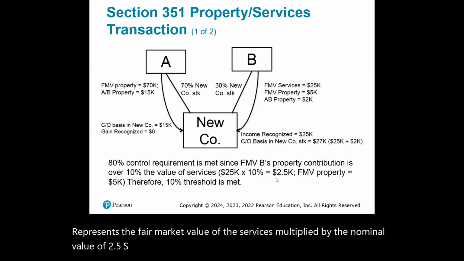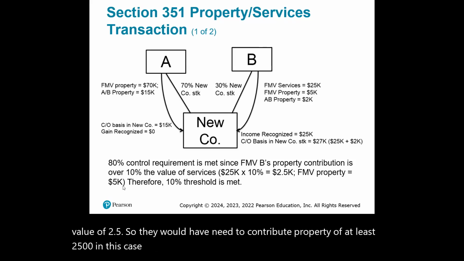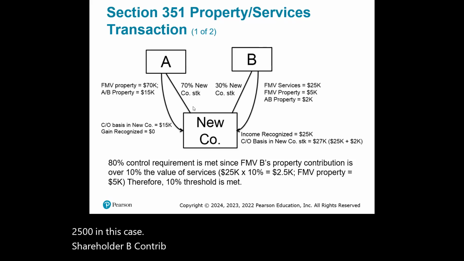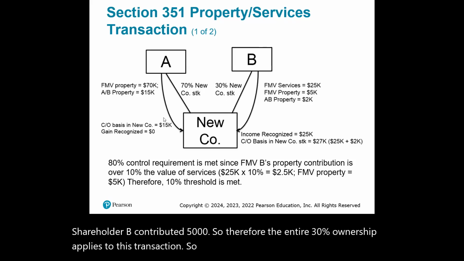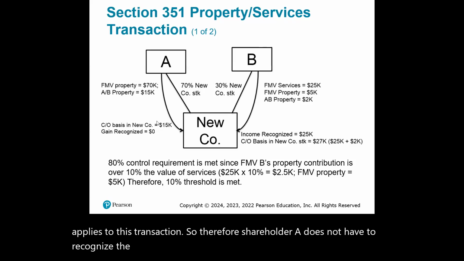They would have needed to contribute property of at least $2,500. In this case, shareholder B contributed $5,000. Therefore, the entire 30% ownership applies to this transaction, and shareholder A does not have to recognize the $55,000 gain. Instead, it is deferred.